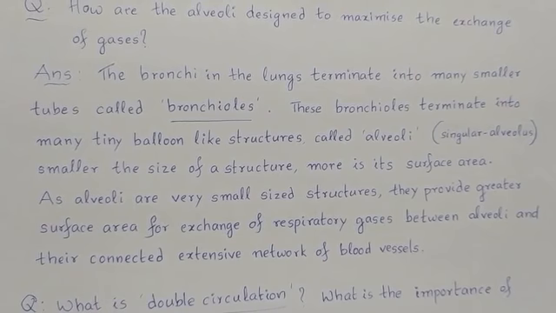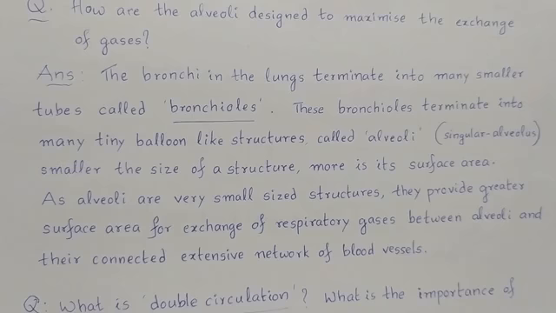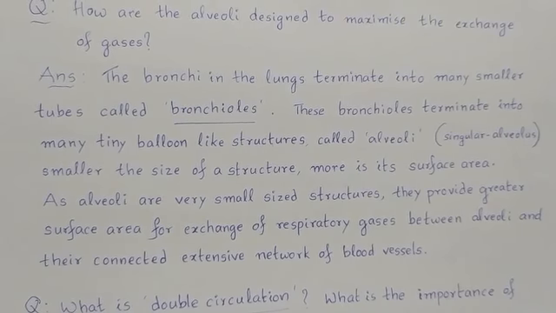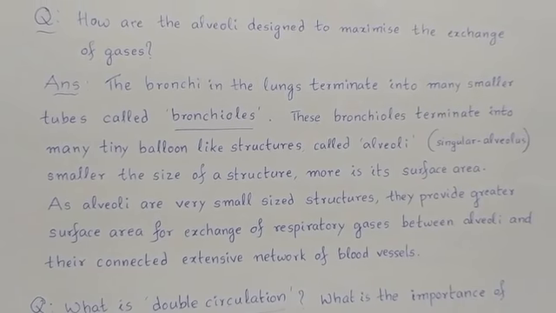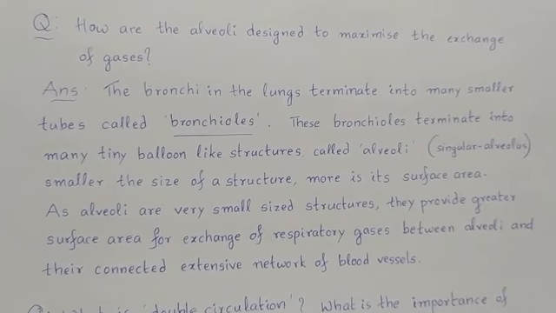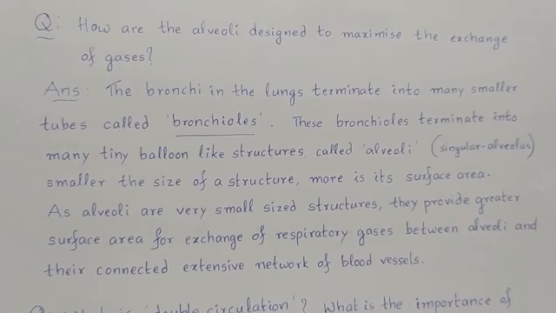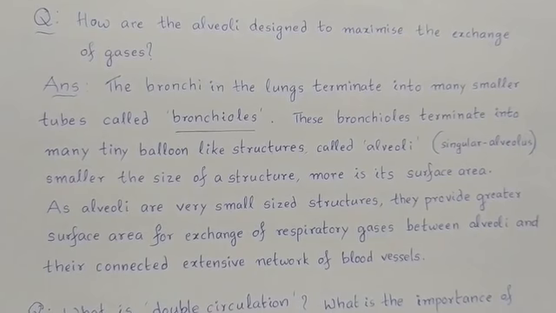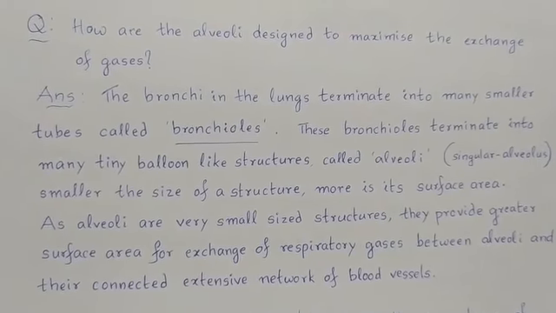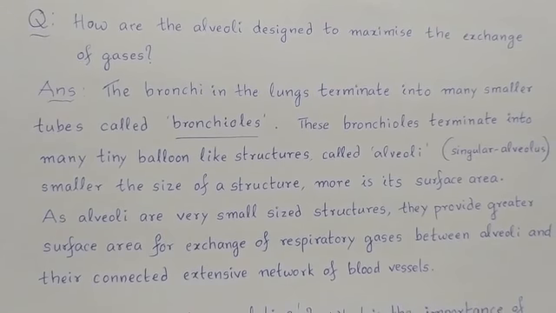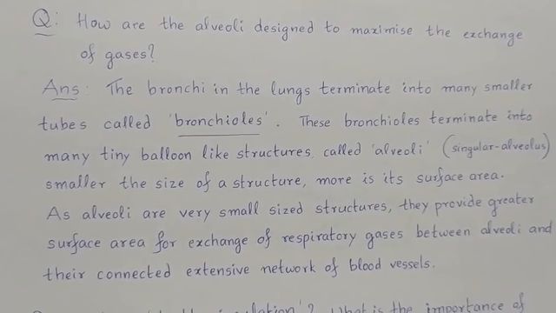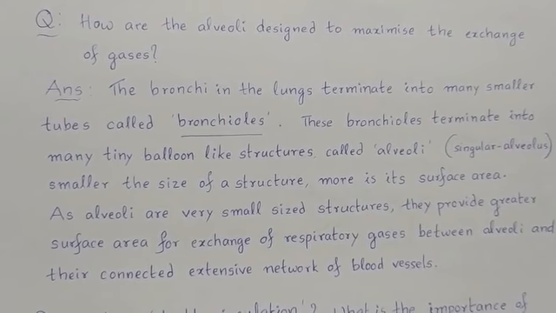In science, there is one saying, smaller the size of a structure, more is its surface area. As alveoli are very small sized structures, they provide greater surface area for exchange of respiratory gases between alveoli and their connected extensive network of blood vessels.